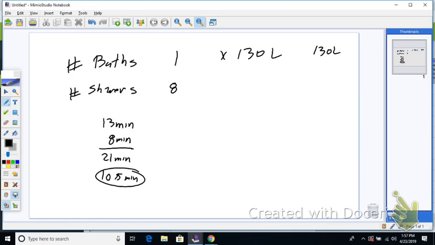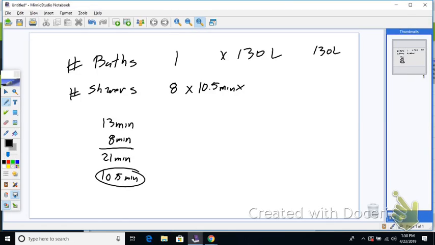So then I would take the 8 showers times 10.5 minutes, and then I would take that times, let's use the water efficient. Now if you know that your shower head puts out a lot more water than some of the ones you've been in where you just barely can get wet, then use the 19.